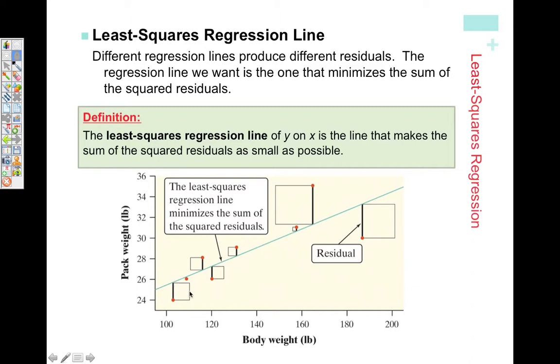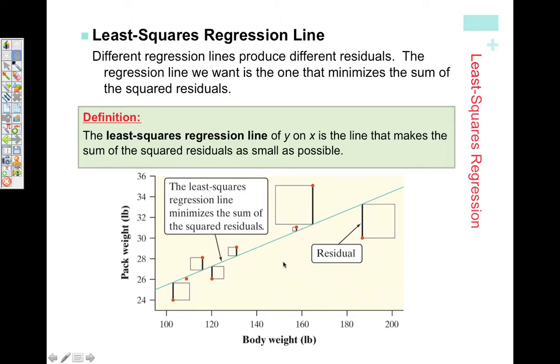If we square them, if we draw these squares and minimize the area of each of those squares, that would be the square of the residuals, we'll have all positive numbers. And we're trying to make that sum as small as possible. We want the amount of error from this line to our data to be as small as we can get.